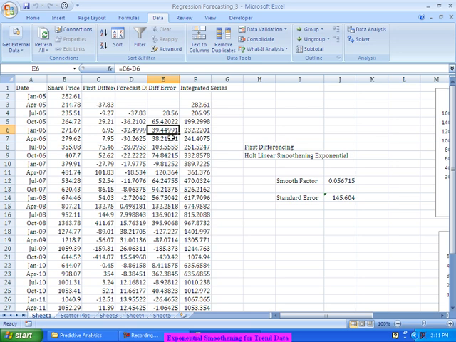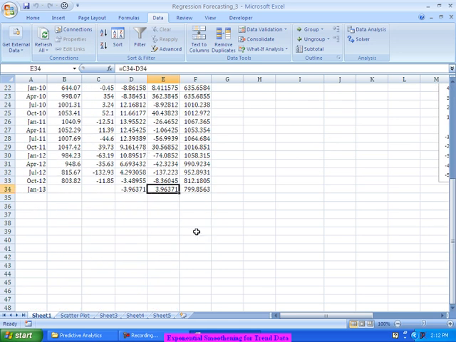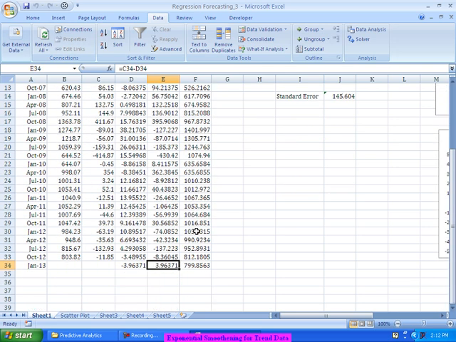Now this process will keep on continuing, and that is what is telling me that 3.96 is the forecasting difference for me, whereas what we are forecasting for the next period is a drop of 3.96 compared to the previous value. So we know what the previous value was.